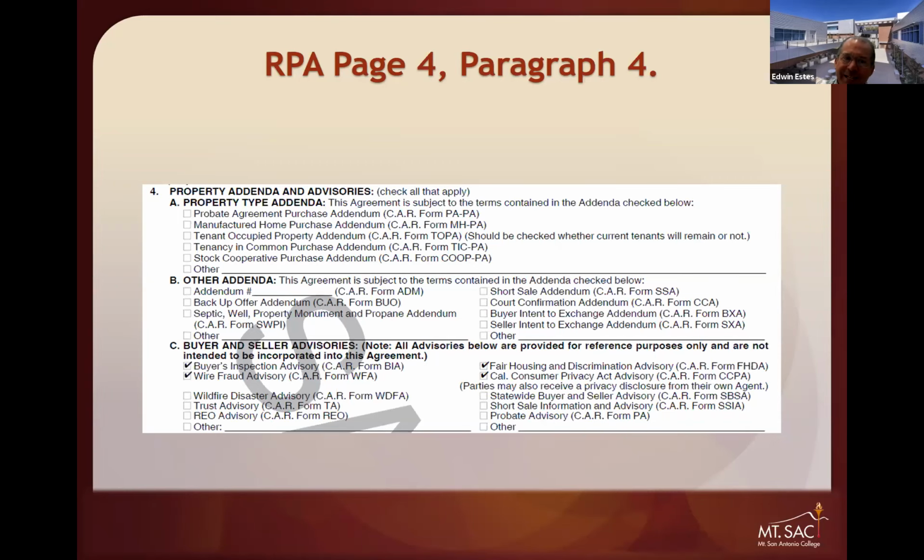What's a TIC, tenant in common purchase? Okay, not so much here, but particularly up in San Francisco, where things are really crazy. You may have 4 people purchasing a fourplex, and each one of them is going to occupy a different apartment. Right? So they're going to own it as tenants in common.